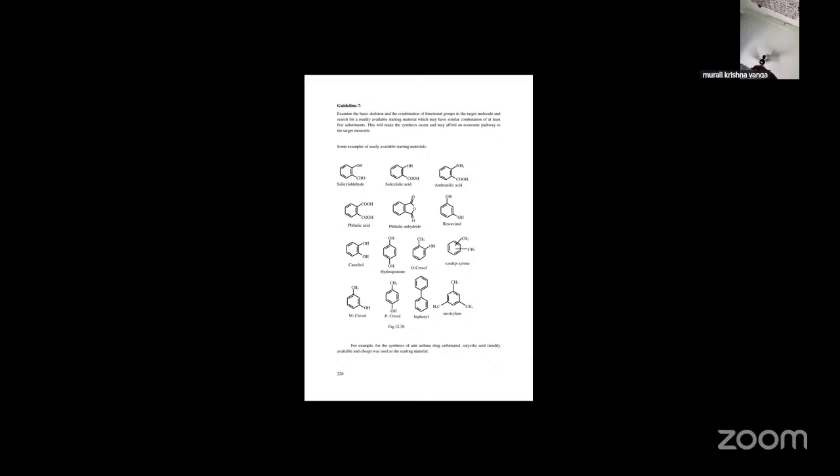This will make the synthesis easier and may afford an economic pathway to the target molecules. Some examples of easily available starting materials: salicylic acid, anthranilic acid, phthalic acid, phthalic anhydride, resorcinol, catechol, hydroquinone, ortho-cresol, ortho-, para-, meta-xylene, meta-cresol, para-cresol, biphenyl, and mesitylene.